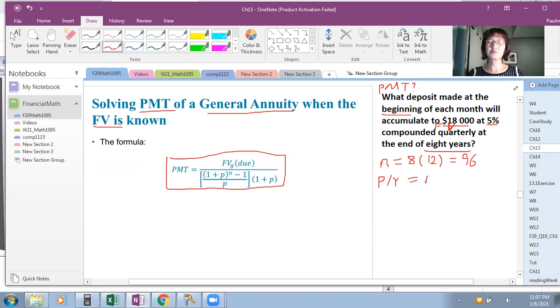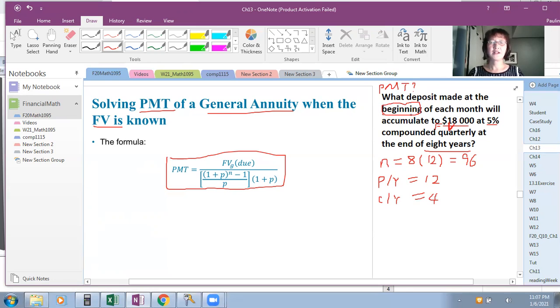PY equal to 12. And interest is compounded quarterly, so CY equal to 4. A year has 4 quarters. Okay. And your calculator should be in begin mode.